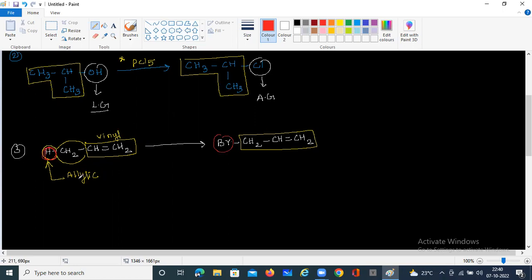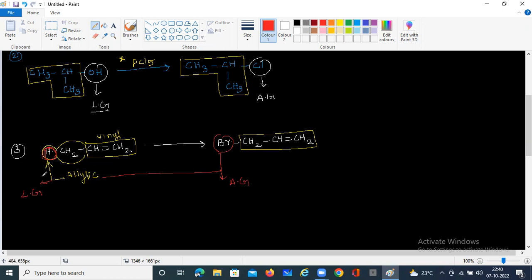So the allylic hydrogen is replaced by what? Bromine atom. So here the allylic hydrogen is known as what? Leaving group. Whereas the bromine atom or bromine group is said to be the attacking group.